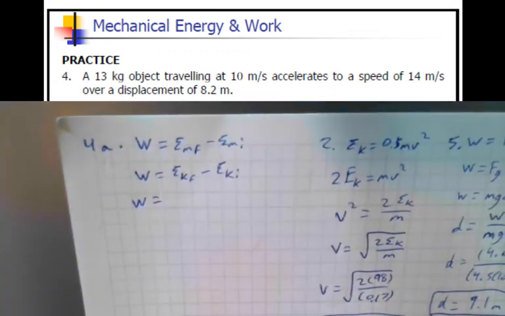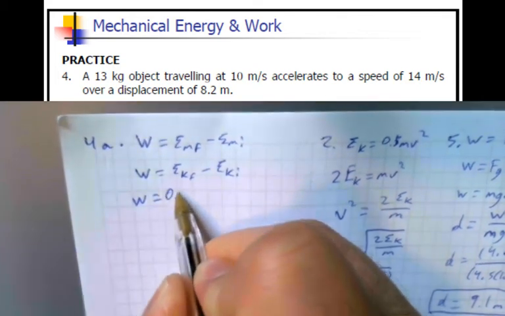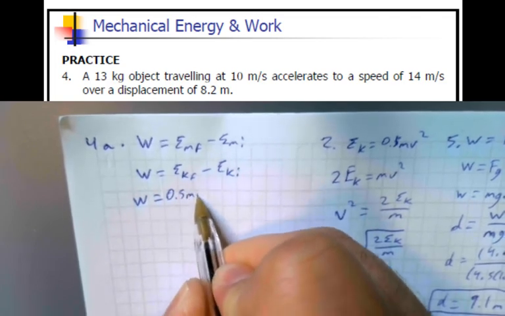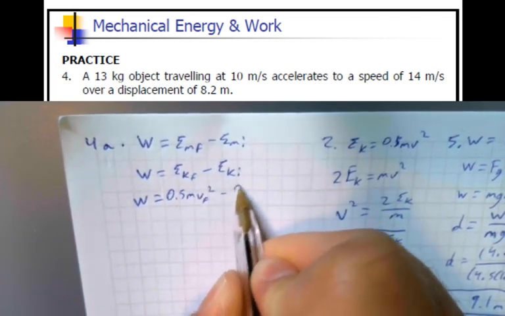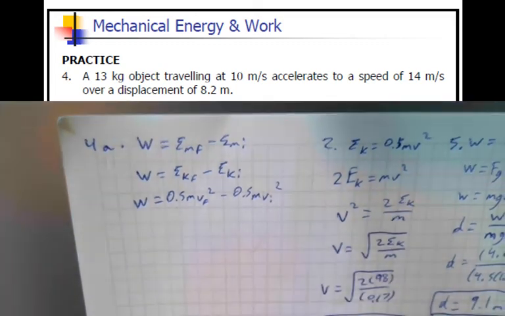Our work is then 0.5 mvf squared minus 0.5 mvi squared.